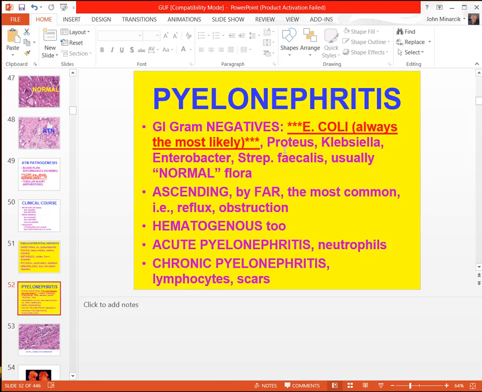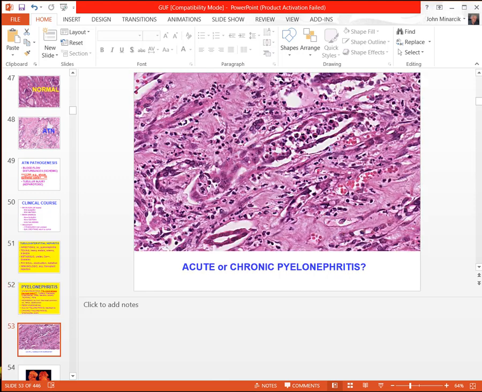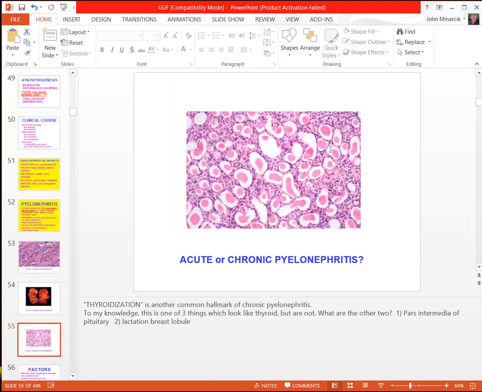You should always know that even though you could list from microbiology Proteus, Klebsiella, Enterobacter, Strep faecalis, which are normal flora in the colon, when they get into the urinary tract, they can cause infections, both higher and lower urinary tract infections. So, when I talk about the bacteria that infect the urinary tract, I always say E. coli and the boys, because E. coli is always the most likely. Okay, 61 is the next one.